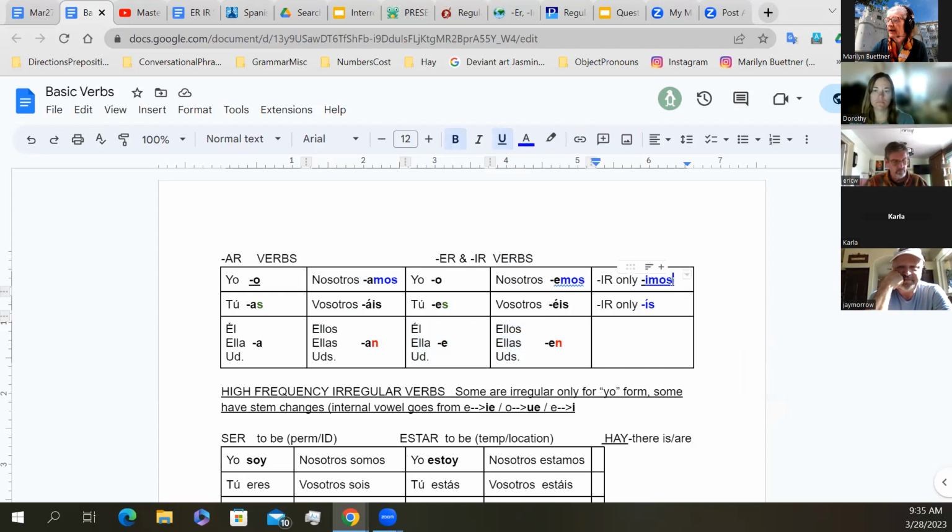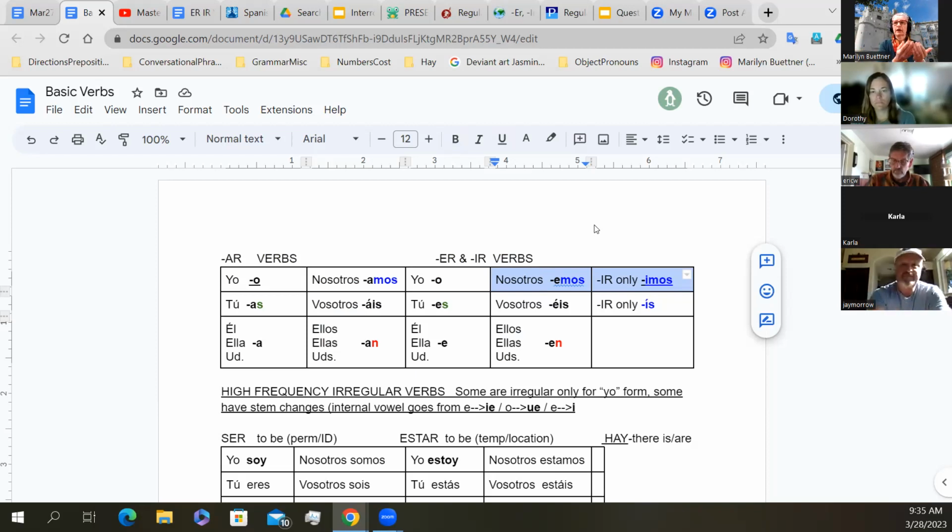And where they differ is in the nosotros forms. The ER and IR verbs split off to do different things for nosotros, and they're going to follow the vowel in the ER or the IR for nosotros. So ER verbs will take emos, IR verbs will take imos. Okay, so that's the only part where they split off.